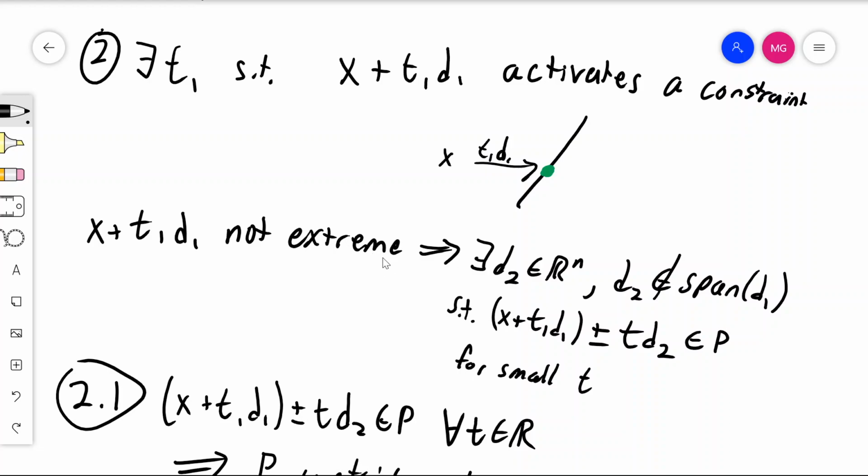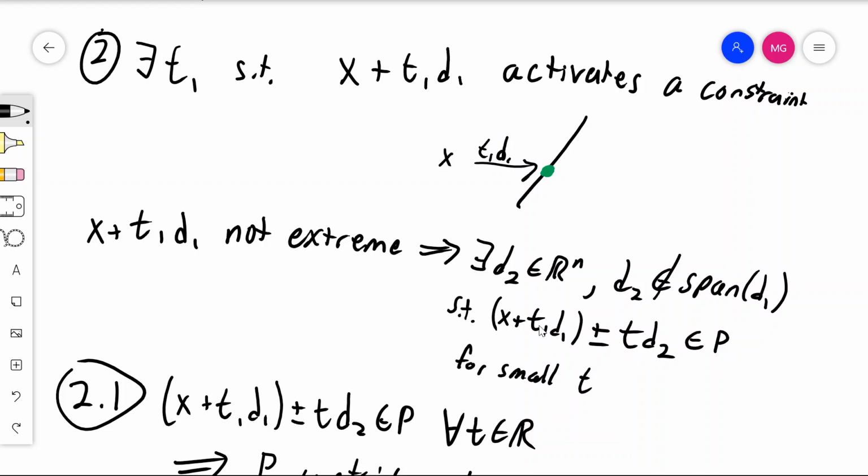Since it's not an extreme point, there is guaranteed to be some direction d2 in Rn that's not in the span of the first vector d1, such that this point that we're now at, which is x plus t1 d1, and then we perturb that point by plus or minus t d2, that's in the polyhedron for small enough t.